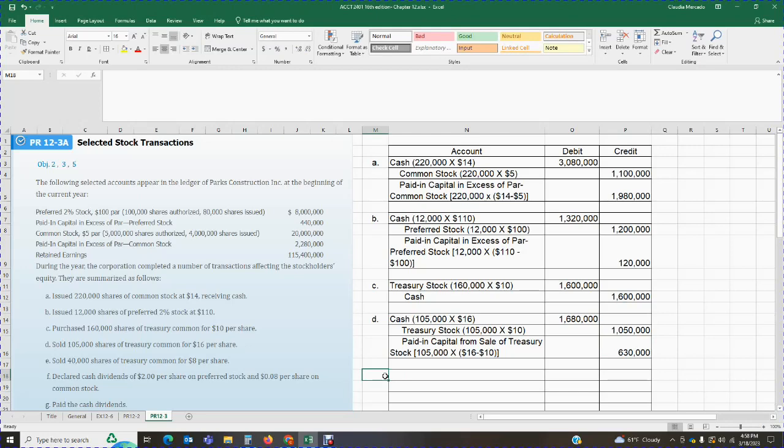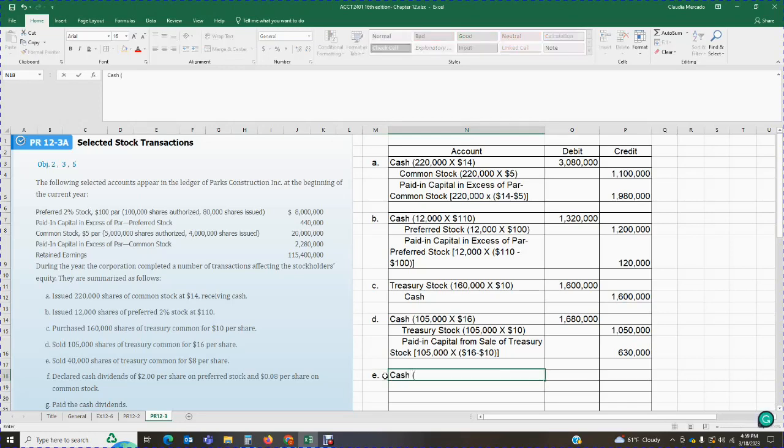In letter E, we sold 40,000 shares of treasury common for $8 a share. Now be very careful. We paid $10 for these shares, and now we're selling 40,000 shares for less, for $8. So we're selling them at a discount. This is going to be a little bit different. We sold shares, so we receive cash.